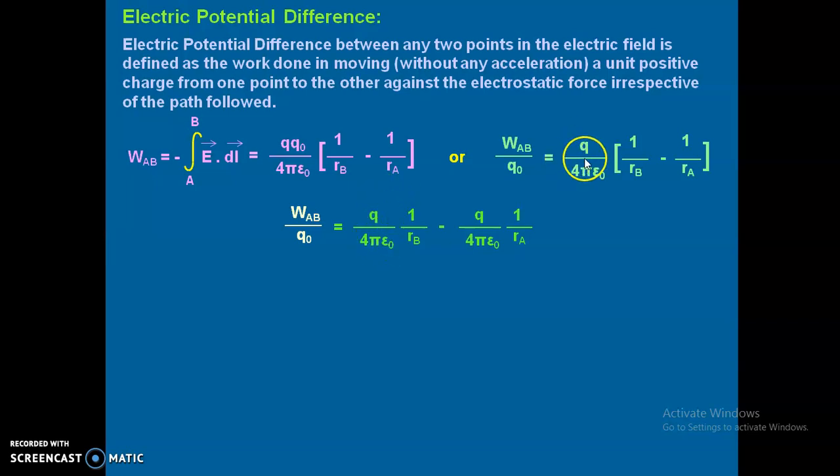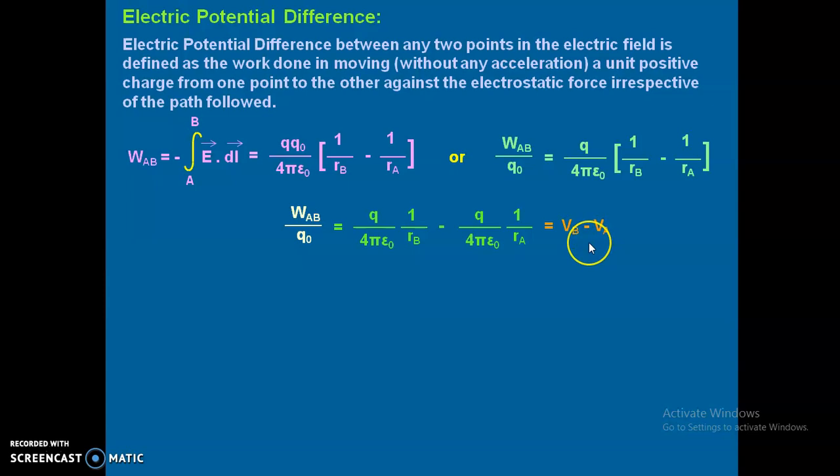So now WAB upon Q naught is equal to, let's expand this particular expression, multiply this in both the terms. So Q upon 4 pi epsilon naught 1 upon RB minus Q upon 4 pi epsilon naught 1 upon RA, right? So VB minus VA, this is the potential difference term, VB minus VA.